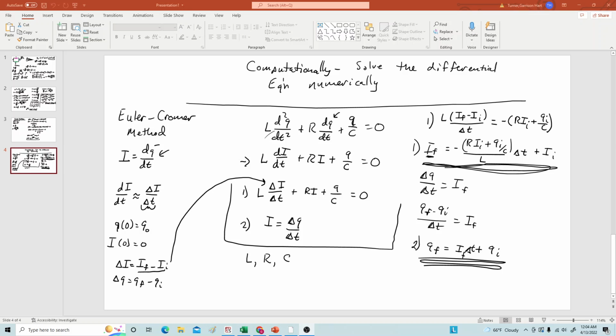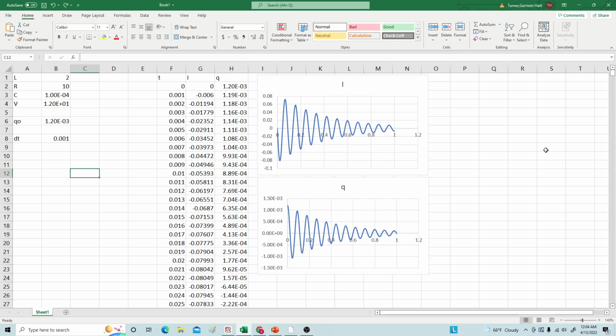And the final charge in terms of the final current that we just calculated multiplied by our time interval and the initial charge. So this is what we're going to do. And so here is an example.